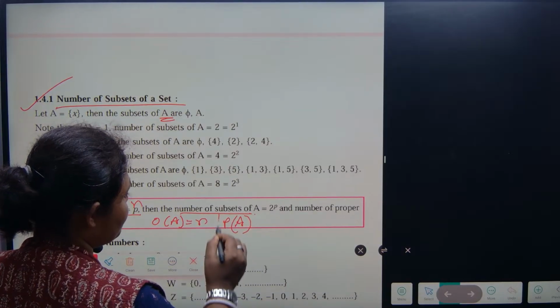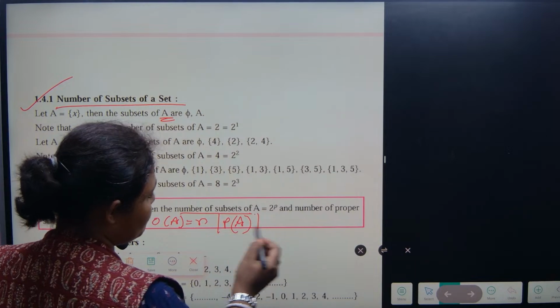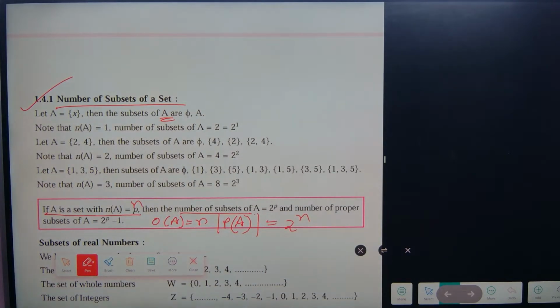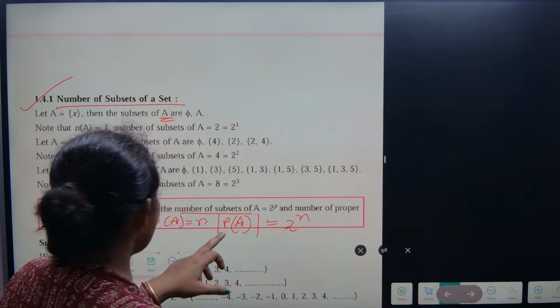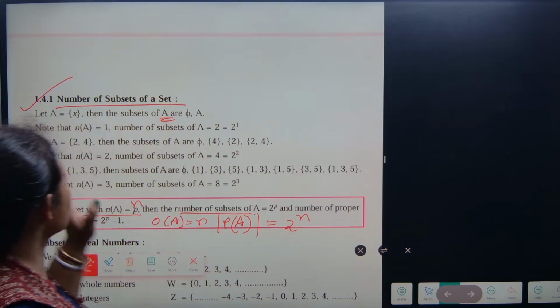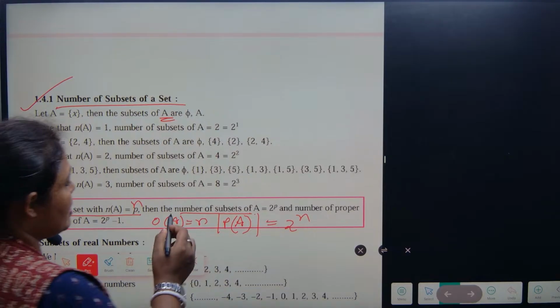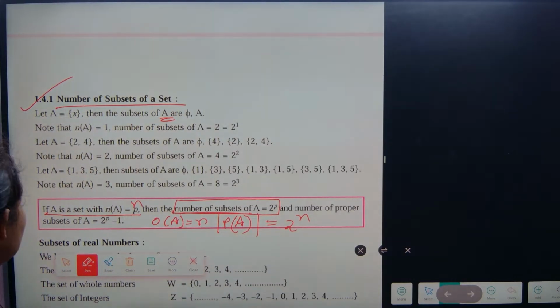This is called P of A, the power set of A, equal to 2 to the power n. This is also called the set of all subsets. The collection of all subsets of a set is called the power set. So the number of subsets will be 2 to the power n.